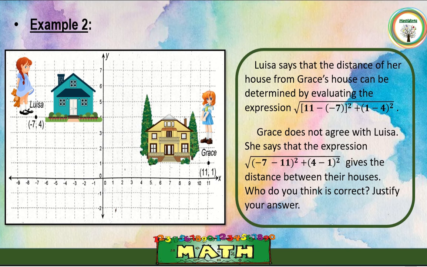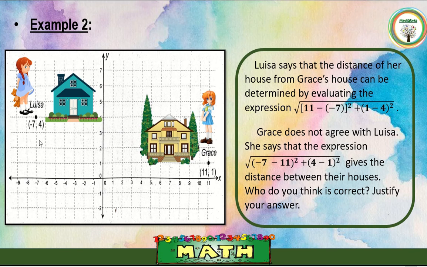Grace does not agree with Louisa. She says that the expression the square root of negative 7 minus 11 squared plus the quantity of 4 minus 1 squared gives the distance between their houses. Who do you think is correct? Justify your answer. So let us see.